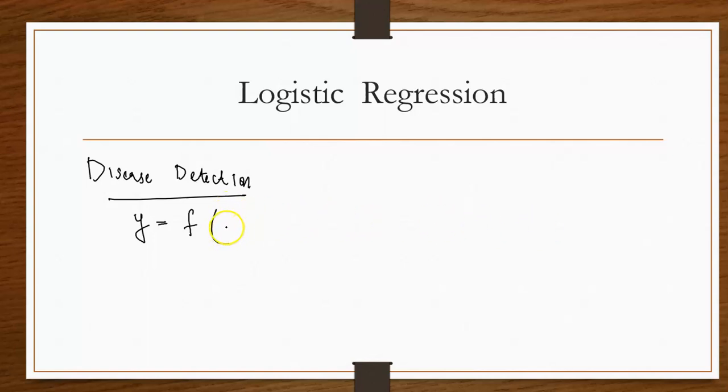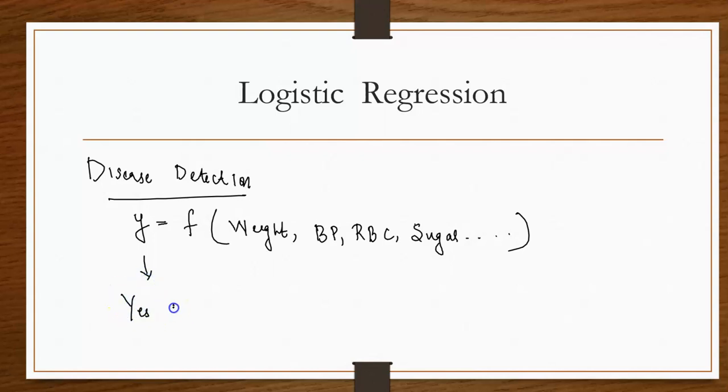For example, the body weight, the blood pressure, the RBC count, the sugar, insulin or blood sugar levels, all those things. It's a function of so many independent variables. So this y can be yes or no, that is, whether a disease is present.